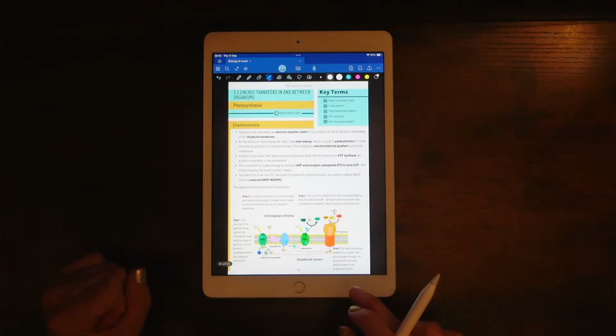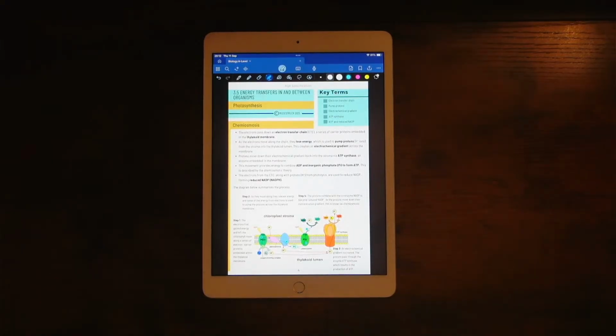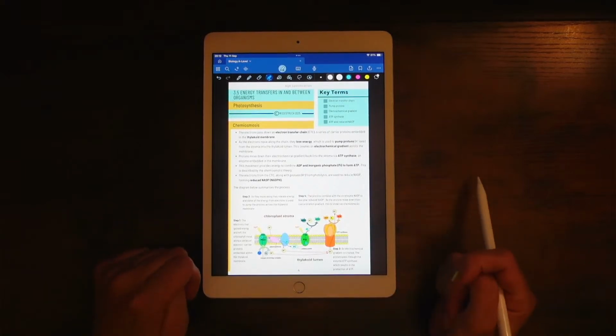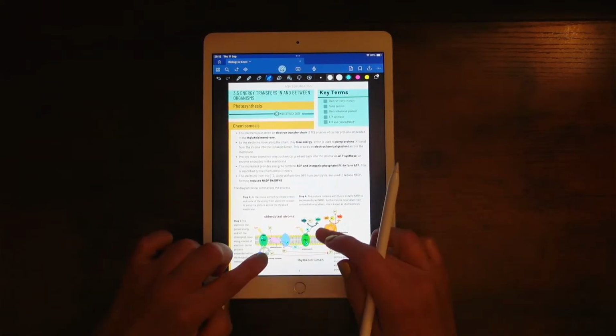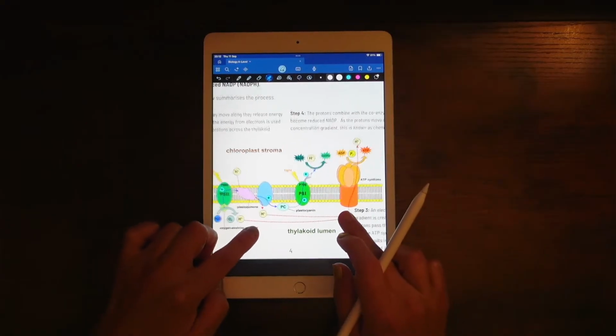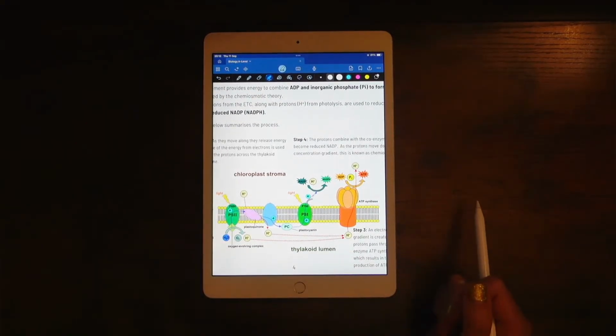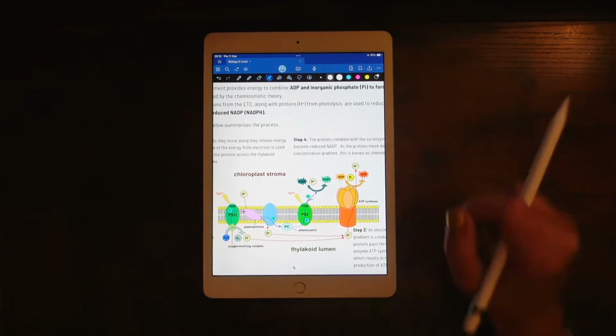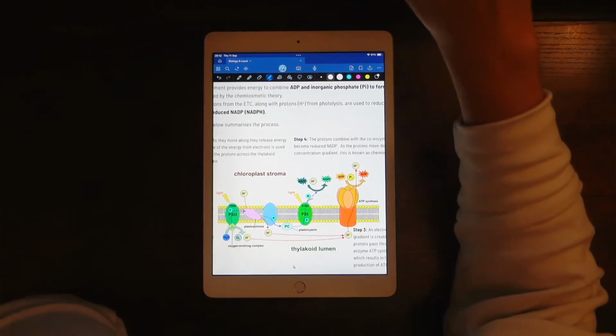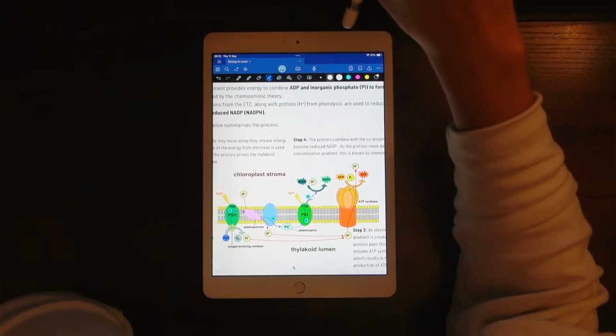The final stage is chemiosmosis. This is the big one. All linked to this diagram here, which if this is the first time you're coming across this diagram, it is a little bit overwhelming because there is so much information here.